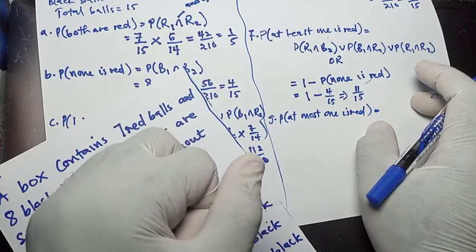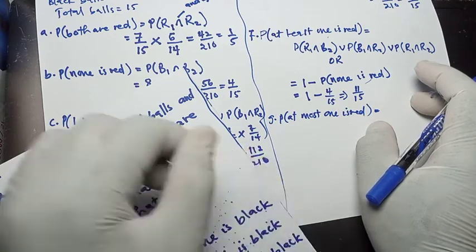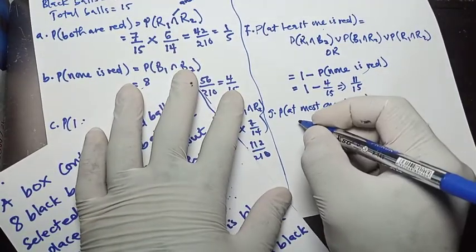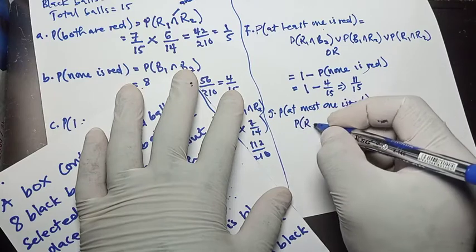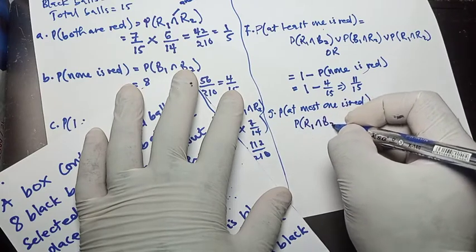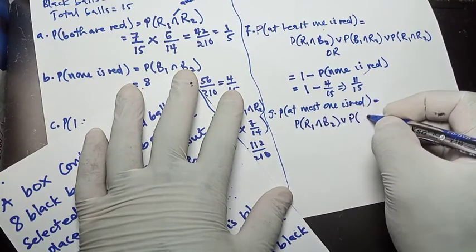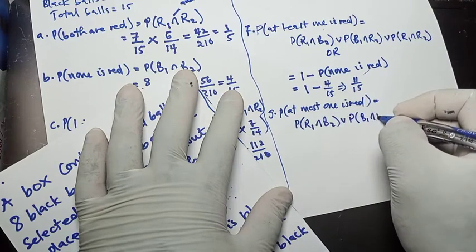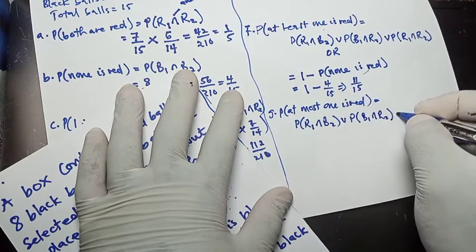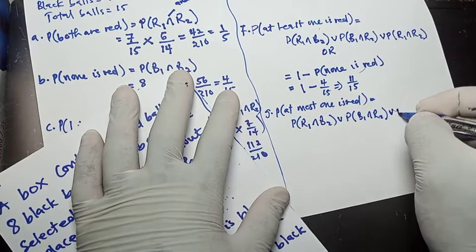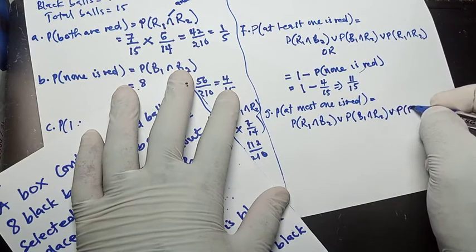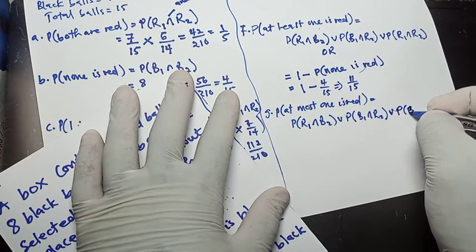And the least will be what? No red. So that will be none is red. So it will be red first, black second, or black first, red second, or no red. So none is red, and if none is red, they are all what? Black.